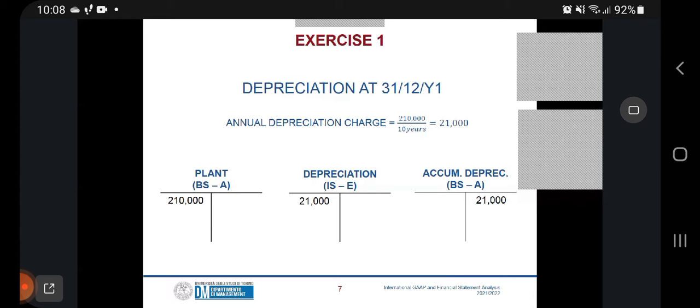For what concerns the accounts, depreciation, debit side 21,000, income statement expense, and then obviously in order to hold the equation, 21,000 as accumulated depreciation.